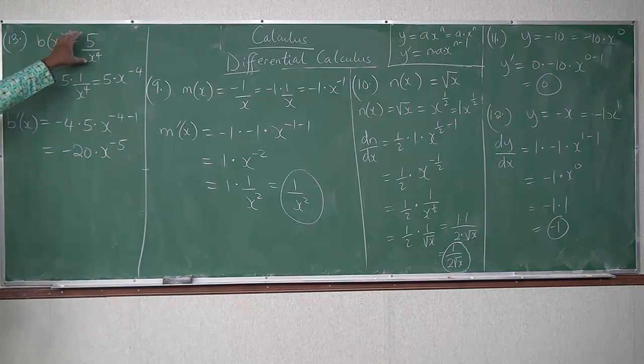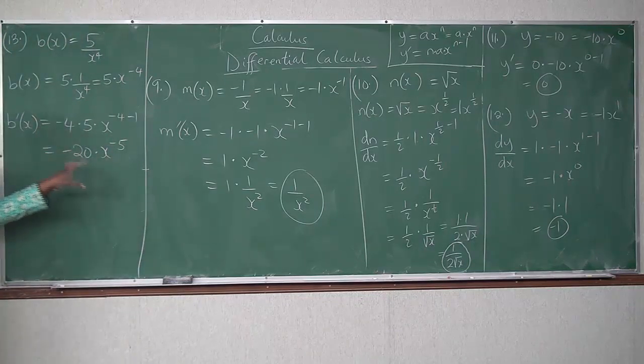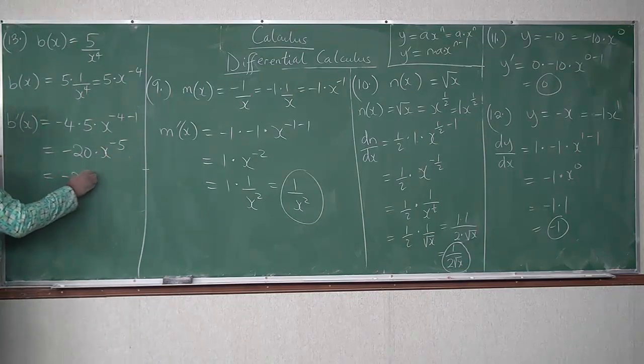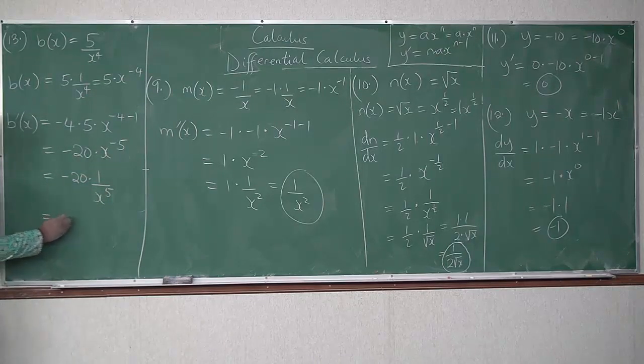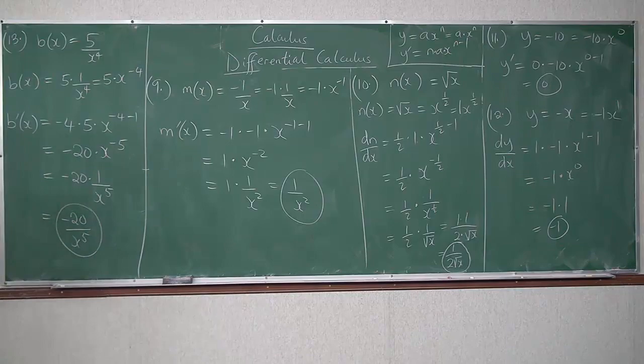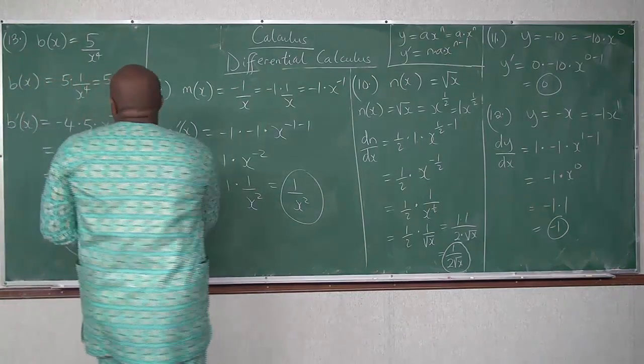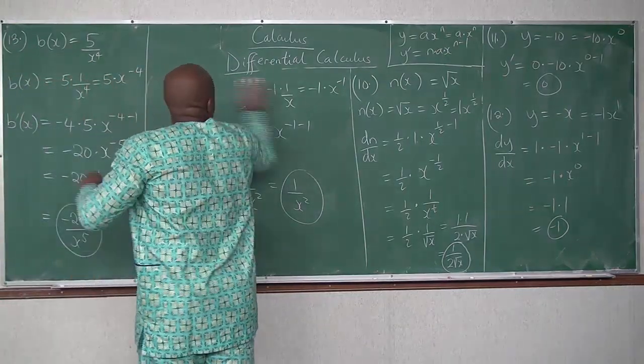They gave it to you in fraction, so give it to them in fraction. So this will be negative 20 times 1 over x to the 5, and that is negative 20 over x exponent 5. See that?